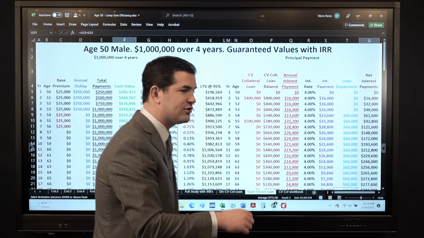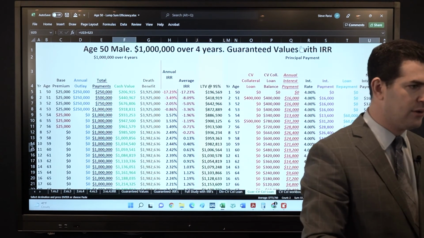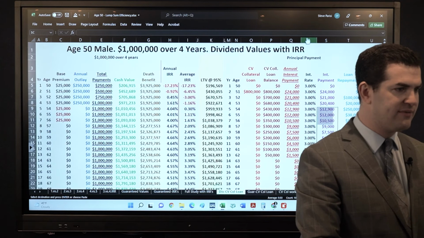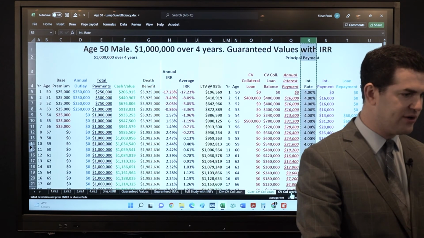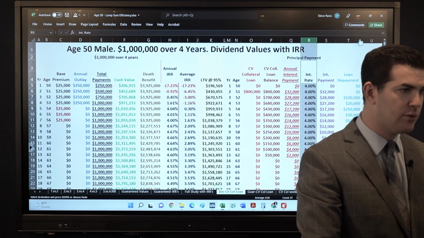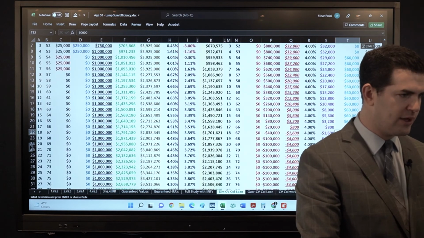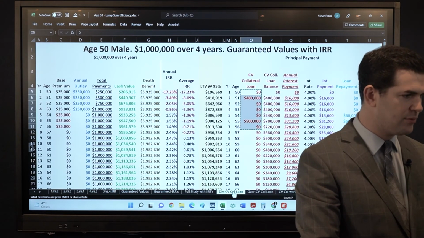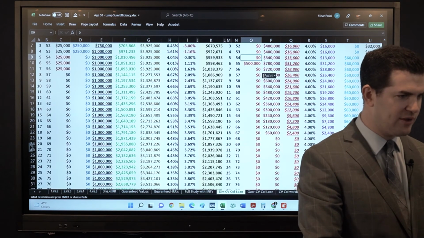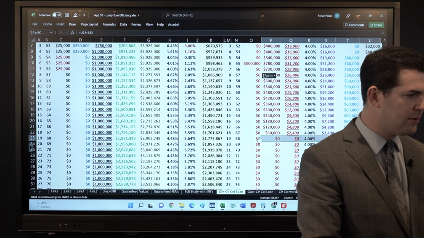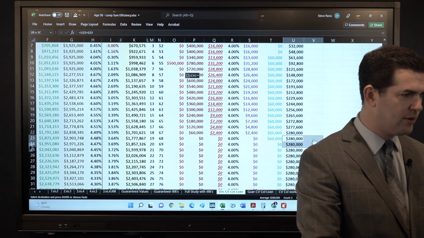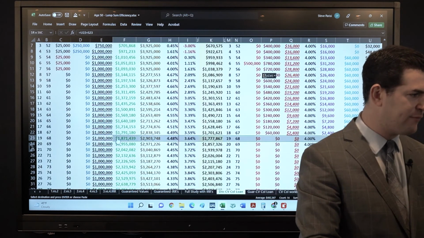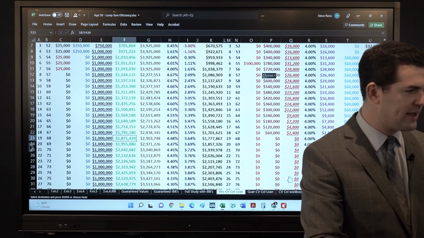But if we do the same scenario here, the non-guarantees, and we can run a middle-of-the-road dividend as well, which is always fun to do. Perfect. So same 280. So I've paid in $1 million plus $280,000 in interest costs. What do I have over here? 1.8.